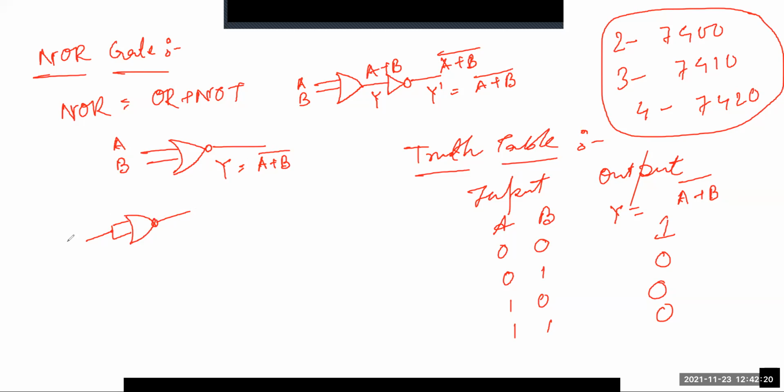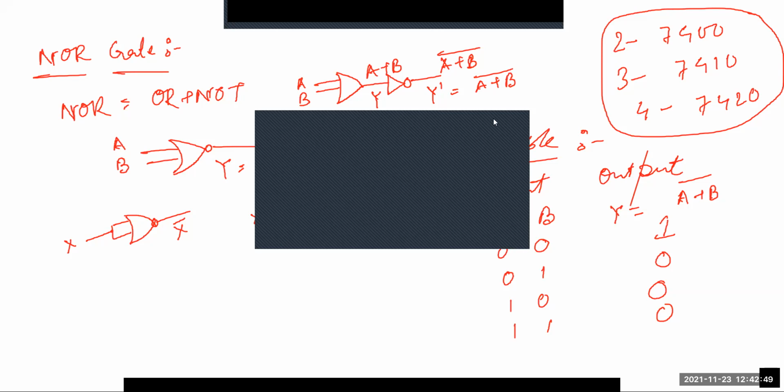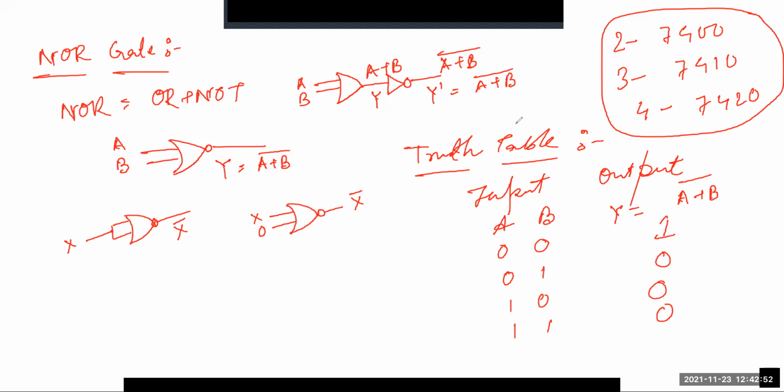So if we put X, we get X bar here. In this way, the first one is the NOR gate as an inverter, and the second one is the NOR gate as a controlled inverter. So in this way, you can use the NOR gate as an inverter.